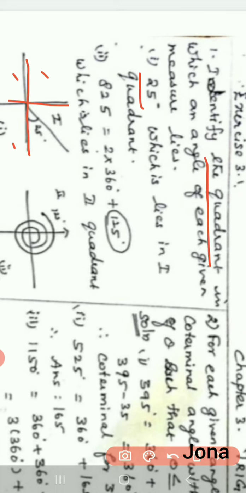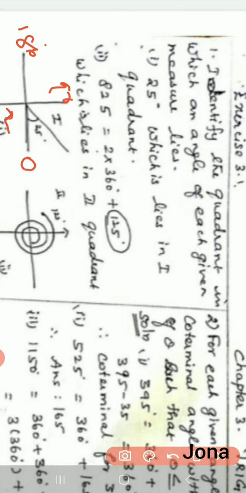We know that here this is 0 degree and this is 90 degree, this is 180 degree, this is 270 degree, again this is 360 degree. So let me do that. This is 0, 90, then 180 degree, here it is 270 degree and here again it will be 360 degree.